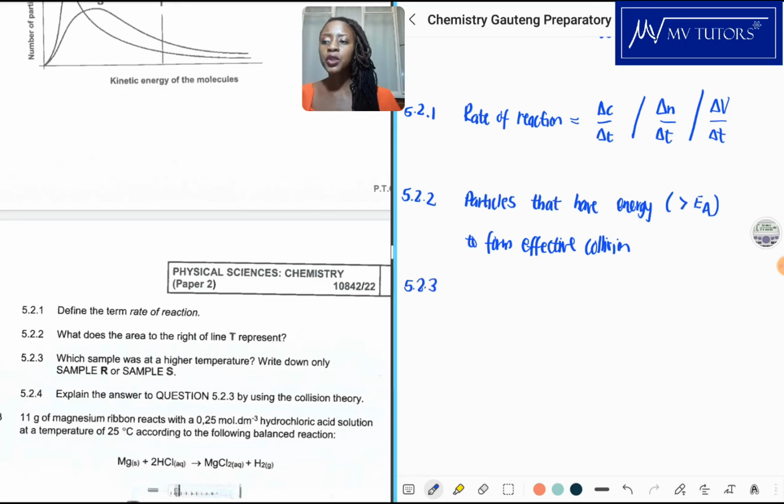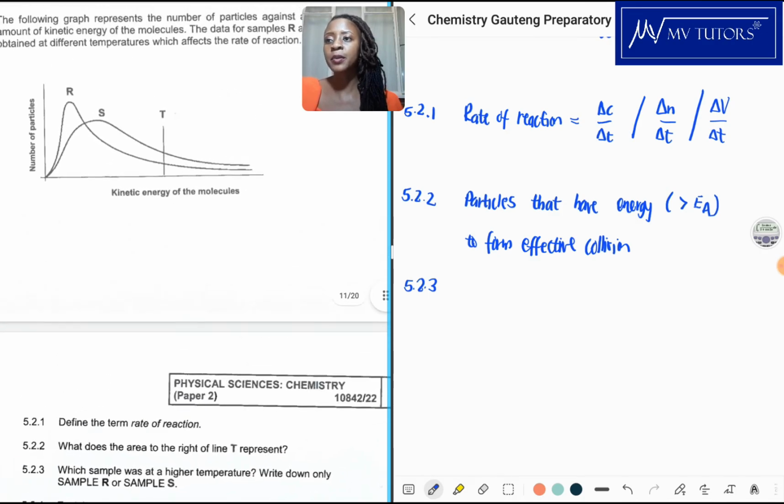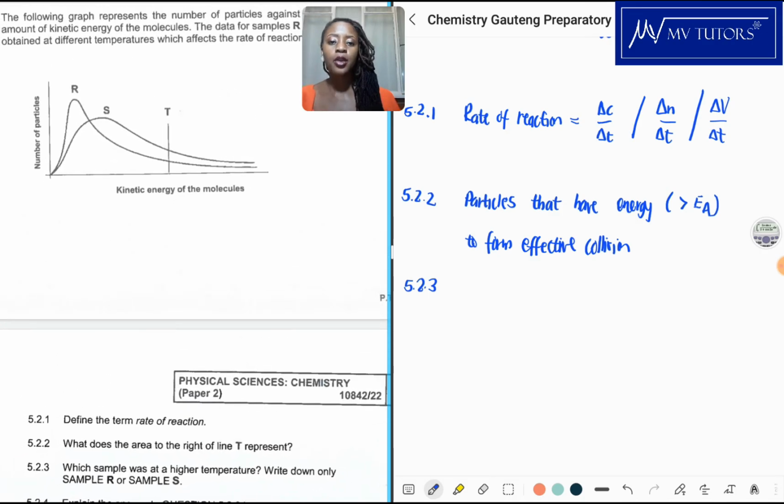And then 5.2.3, it says, which sample was at a higher temperature? So is it R, is it S? Remember guys, whenever you increase temperature, your rate of reaction will increase. And if your rate of reaction increases, it means you're having more effective collisions. So the area to the right of line T should be big.